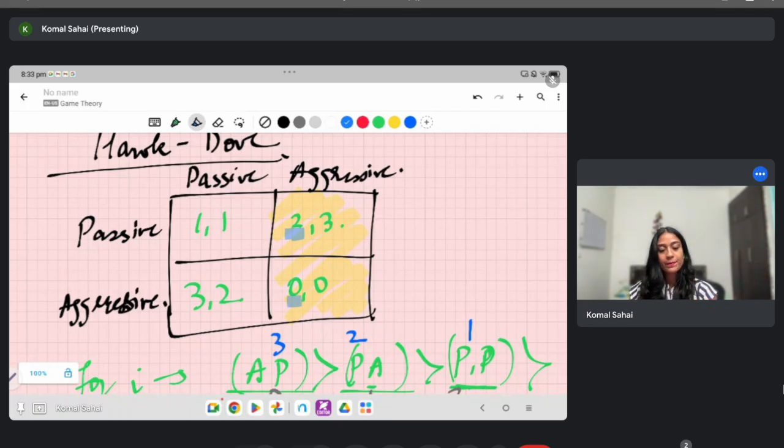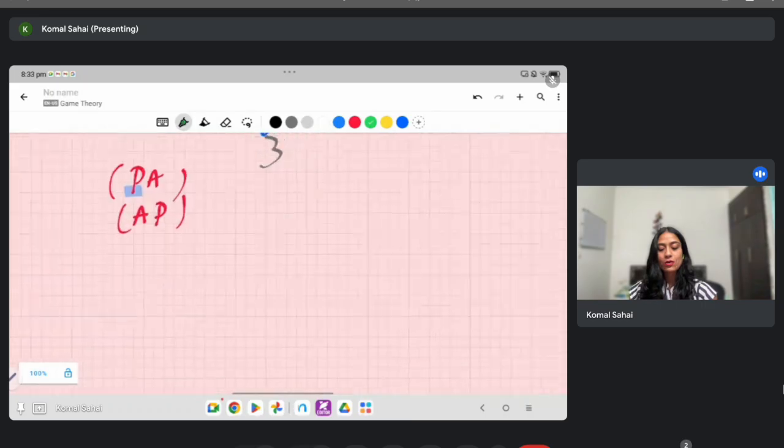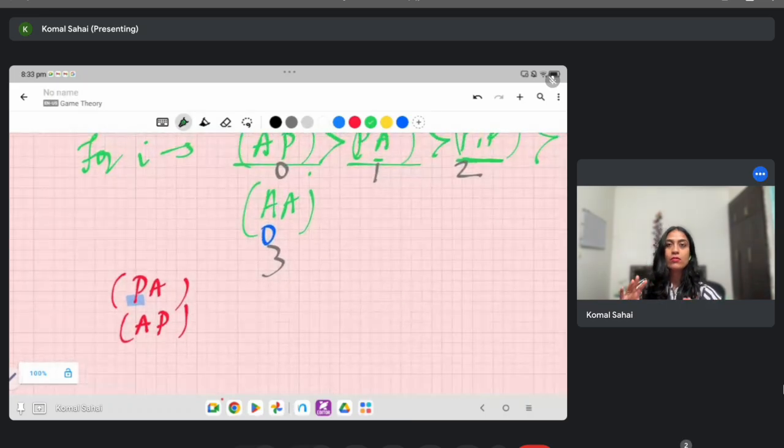Similarly, if player 1 is going to stay passive, in that case, if player 2 sticks to being aggressive, she gets 3, and if she changes and becomes passive, she'll get 1. ठीक है. तो ये ऐसा होगा कि in equilibrium ये वैसा हो जाएगा जैसे तुम्हारा sort of like a battle of sexes, right?